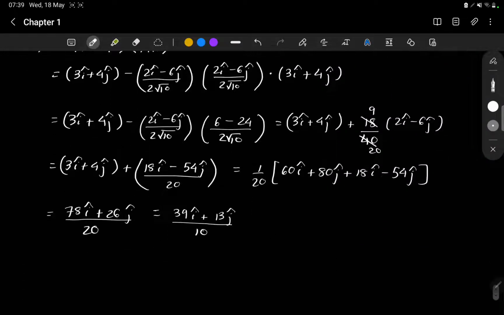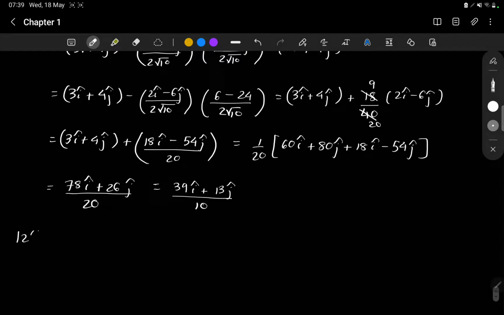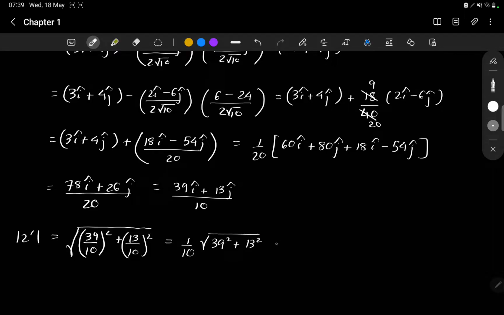So we are going to find out the length. 39 squared, 13 squared.